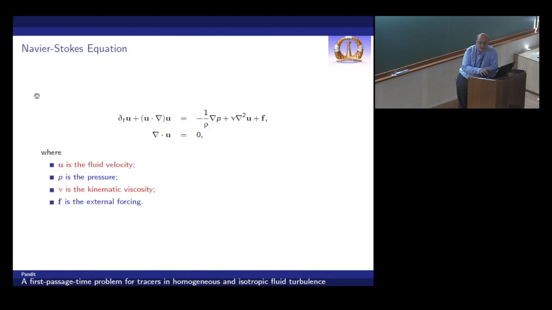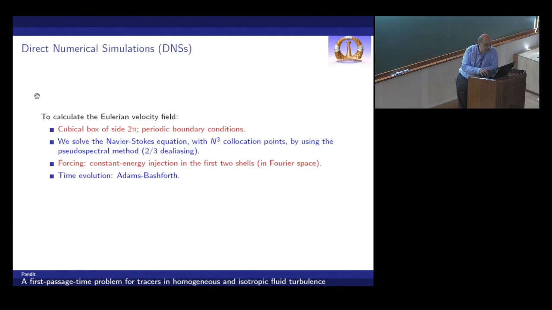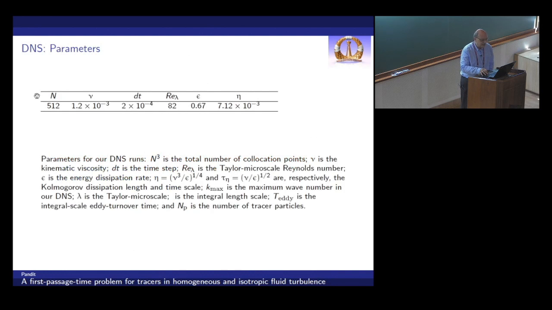We get this by solving the incompressible Navier-Stokes equation. All of you know this. u is the fluid velocity, p the pressure, nu the kinematic viscosity, f the external forcing. And then we know how to solve it. We are talking of homogeneous isotropic turbulence, so we use a periodic box, we use a pseudospectral code, etc., details that nobody except the experts need know.